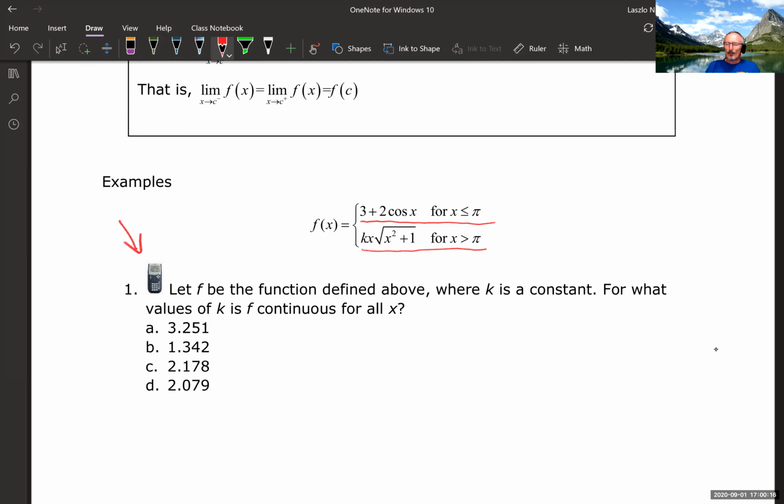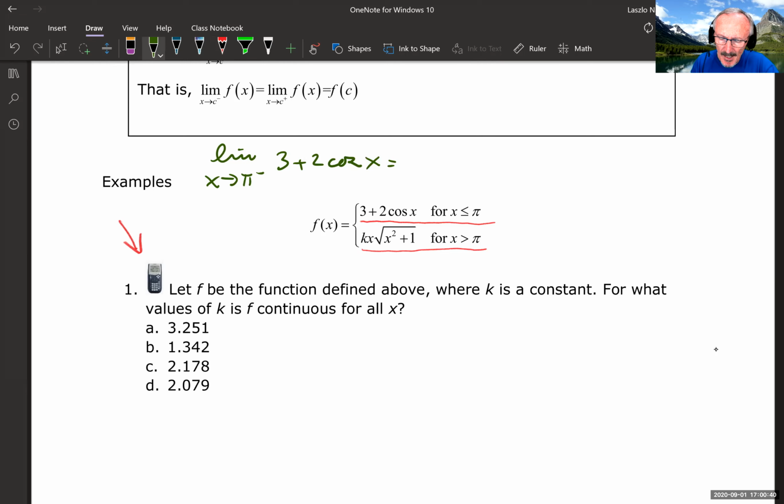So in order for this function to be continuous, what we need to do is simply find the limit as x approaches pi from the left, and that would be for 3 plus 2 cosine of x.